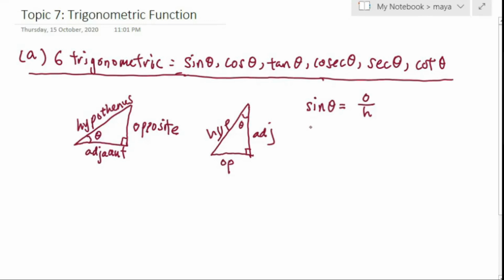So we focus on the simple one first. So for cos theta, it refers to the adjacent. So I put the adjacent over hypotenuse. And then tangent will refer to opposite over adjacent. Or tangent can be changed into the other trigonometry, which is sine theta over cos theta.